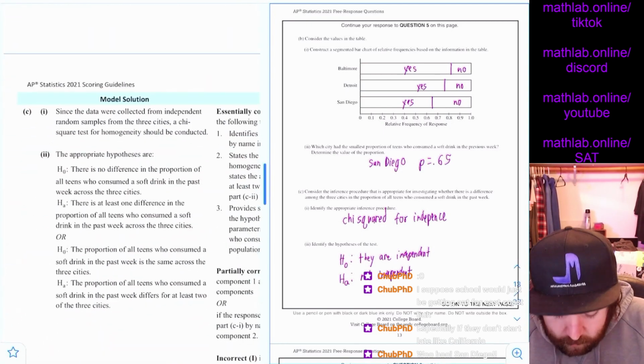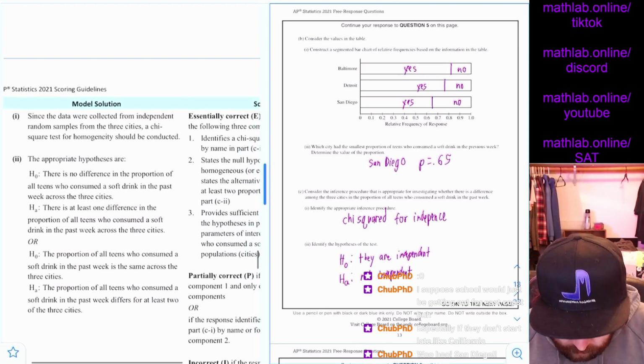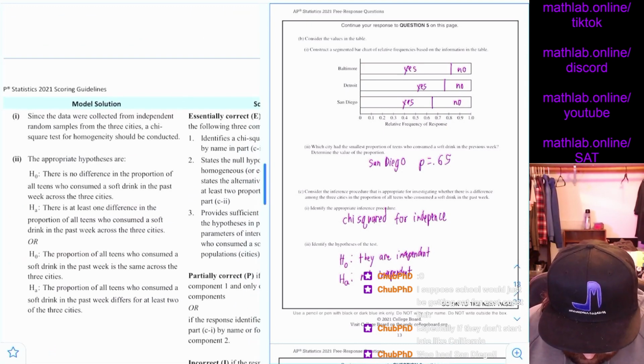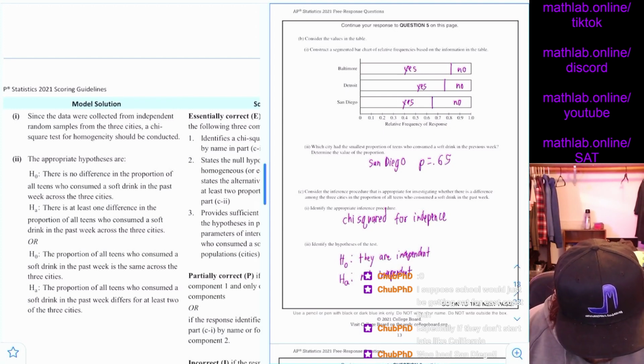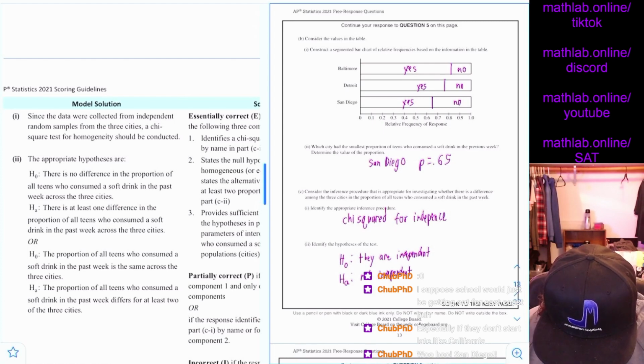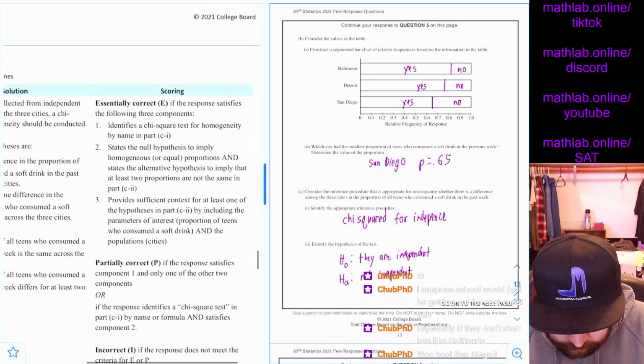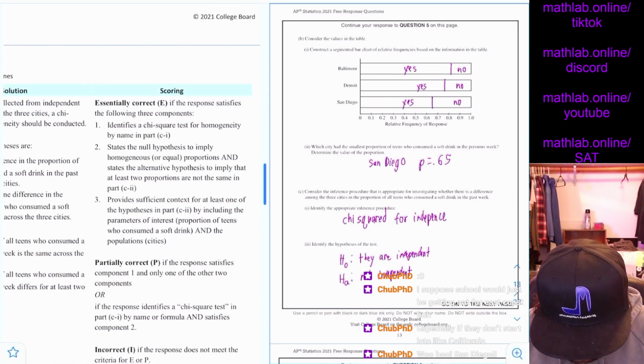Okay. This one, though. A chi-square test for homogeneity. Is that not the same thing? There is no difference. So here we're looking at difference, not independence.